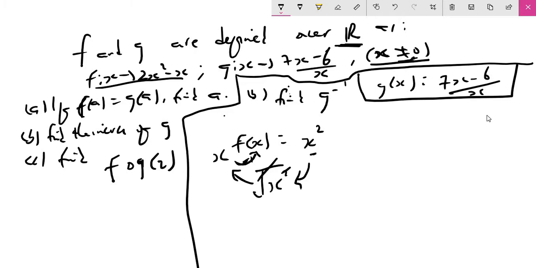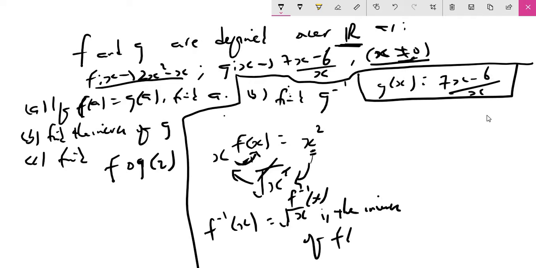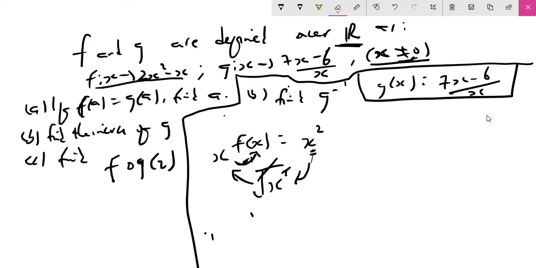If I put it in this function, it squares it. If I bring it back into this function, f inverse of x, it finds the square root and brings back x. So f inverse of x is the square root of x, the inverse of f of x, which is x squared. You can see clearly that they are inverses. This does the opposite of this. So that's what we need to find for g inverse.